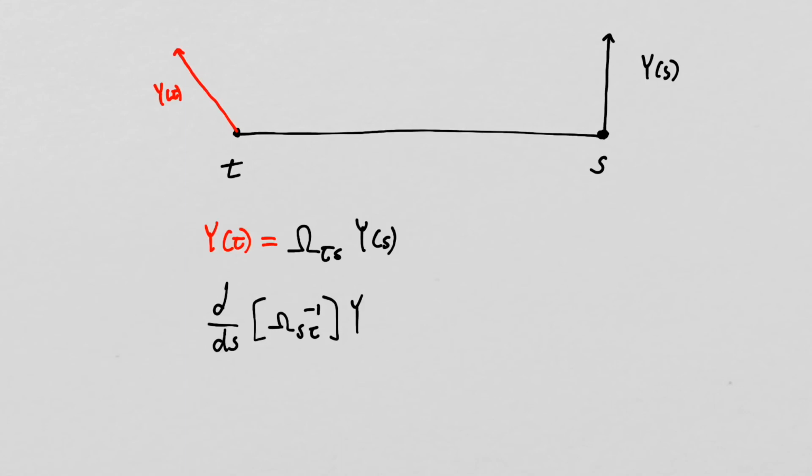And we actually broke this down into component form, right? So we have this expression. So our question is, how do we interpret this expression, right?